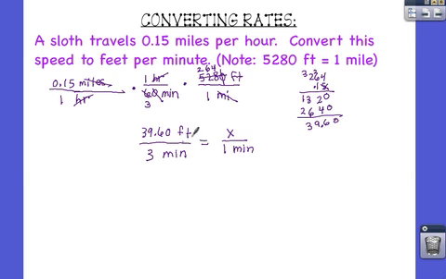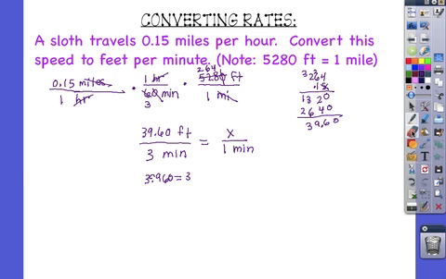So we can use our cross products and find 39.60 equals 3x. I need to erase that, one moment. Divide both sides by 3 to find what x is.